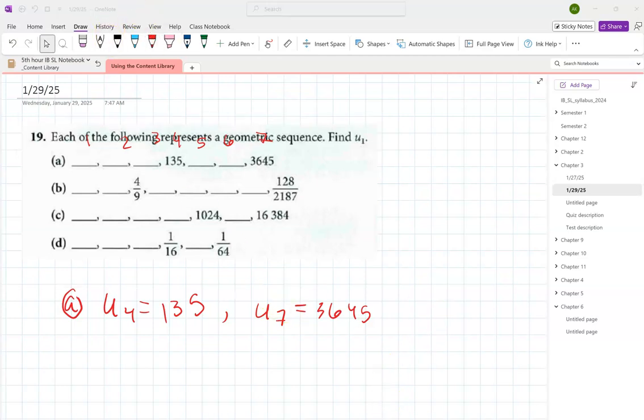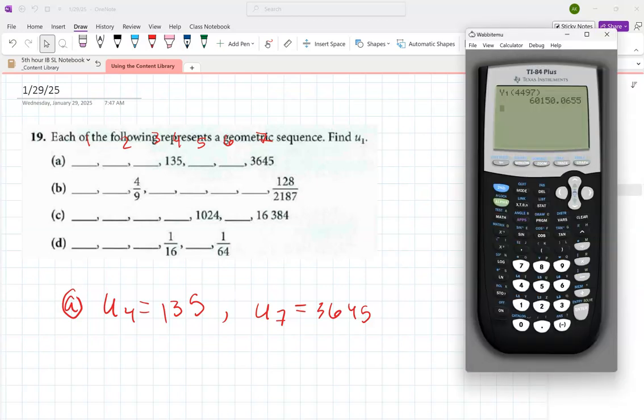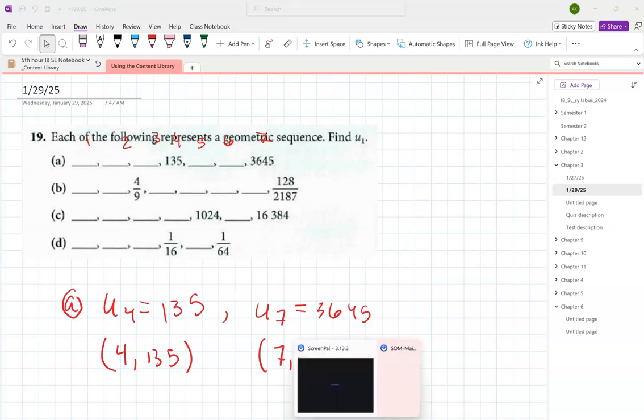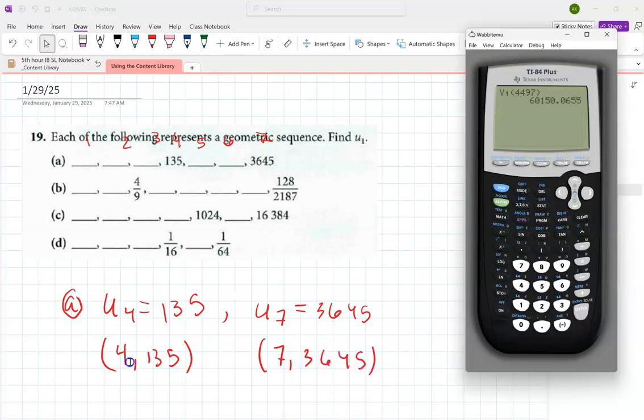So I showed you how to do this by hand last class, but we can do this entirely on our calculator. So I'm going to think about these as points. So the point is n comma a sub n.